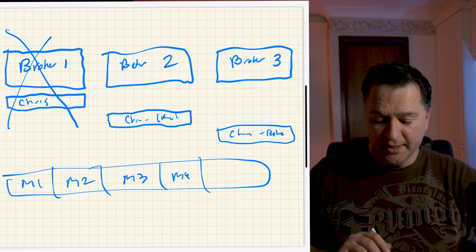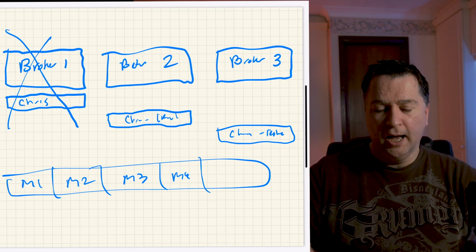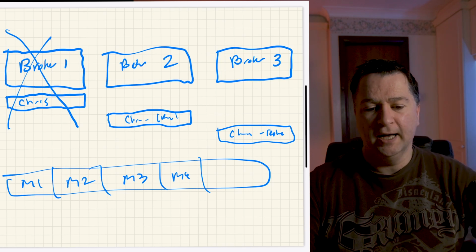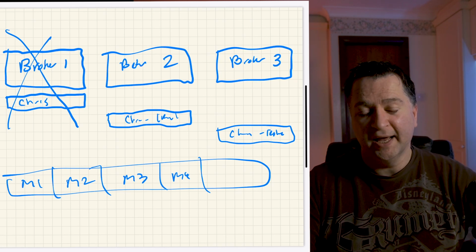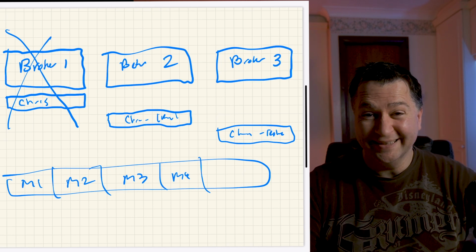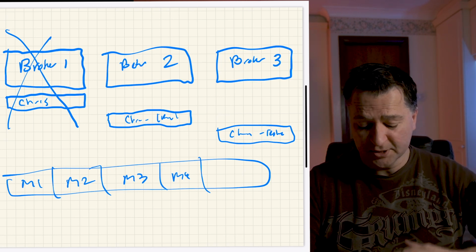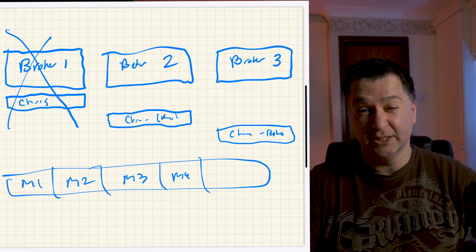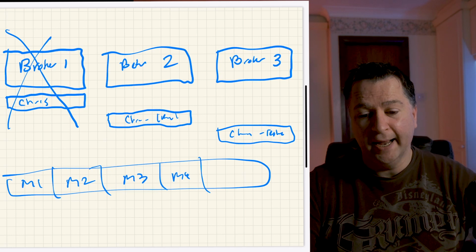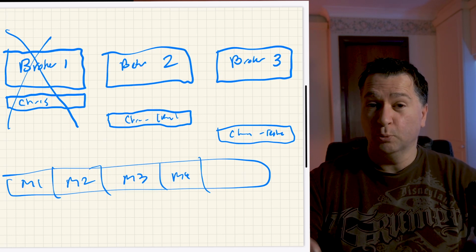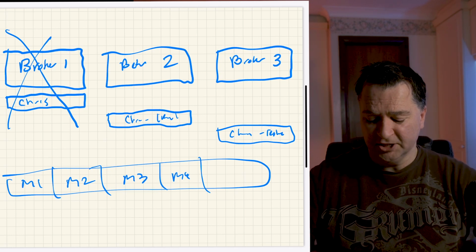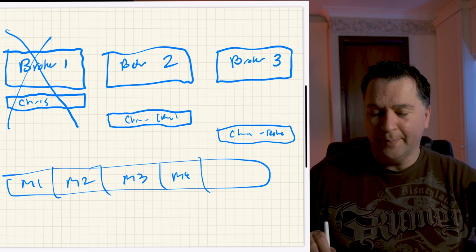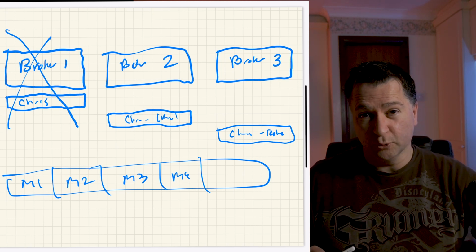So when the producer writes to the broker, it's going to be writing to the lead broker. For that particular topic, only one of those brokers would be considered the leader, and the message would go to the leader broker, which would write the message, and then it would get replicated to all the other brokers.